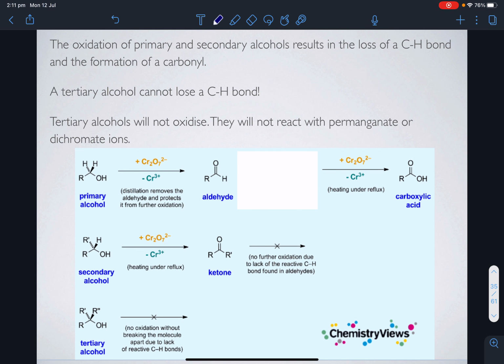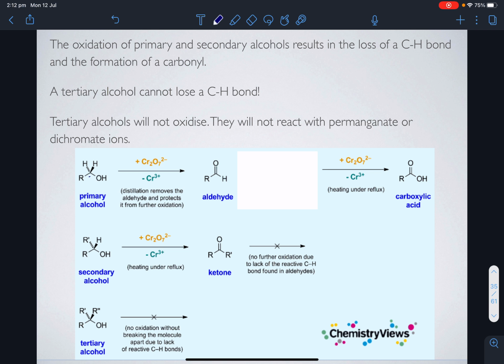Another way to think about it is the oxidation of primary and secondary alcohols results in the loss of carbon-hydrogen bonds and the formation of a carbonyl. That's what tends to happen on that host carbon. It wants to get rid of any carbon-hydrogen bonds and form a carbonyl, or carbon-oxygen bonds. With the primary alcohol, to go to the aldehyde, it loses a carbon-hydrogen bond, and it loses the oxygen-hydrogen bond and forms a double bond in there.